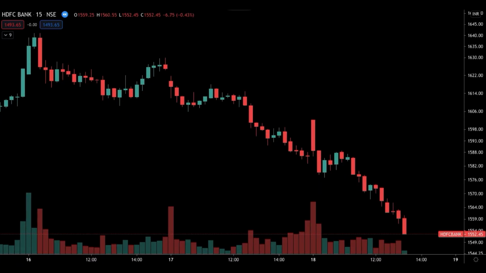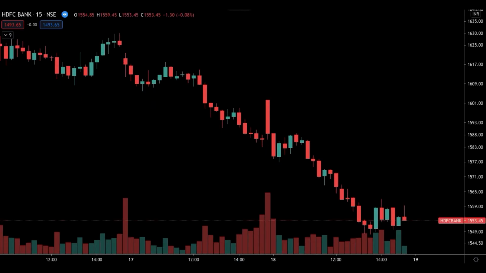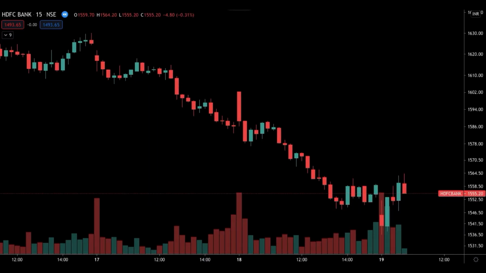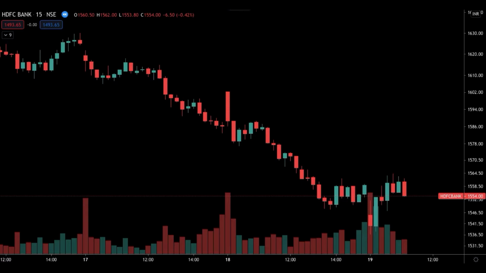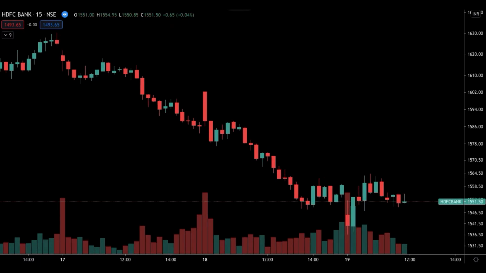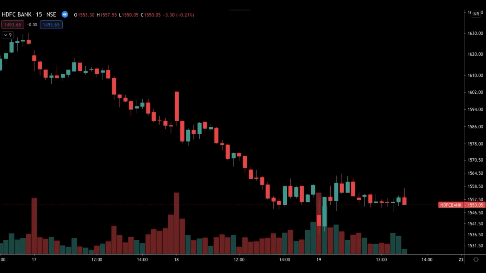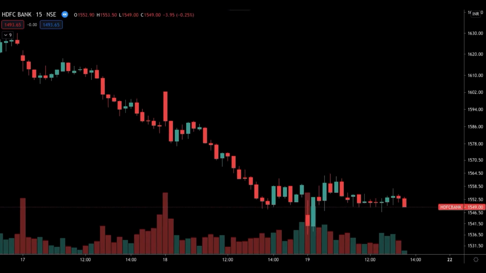Now it's falling to 1550. It fell 80 points from the point we observed, and as you can see, it formed a small bottom and a small high. Now, as we keep the chart progressing, as it starts to unfold itself, it started consolidating here.